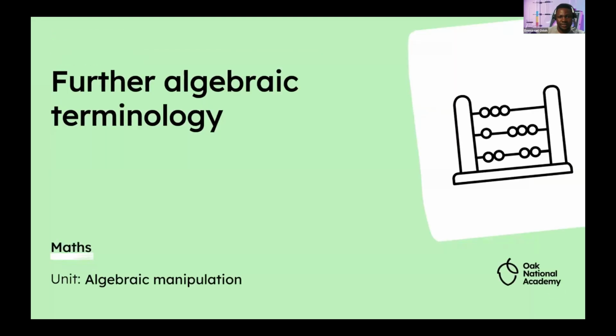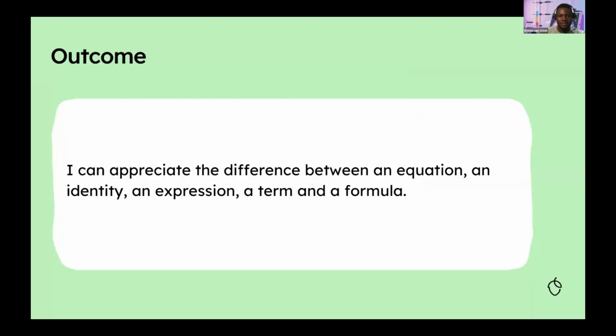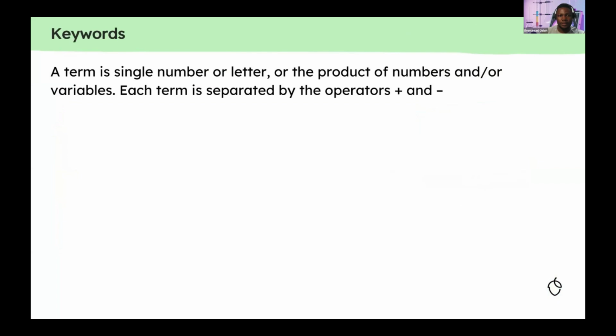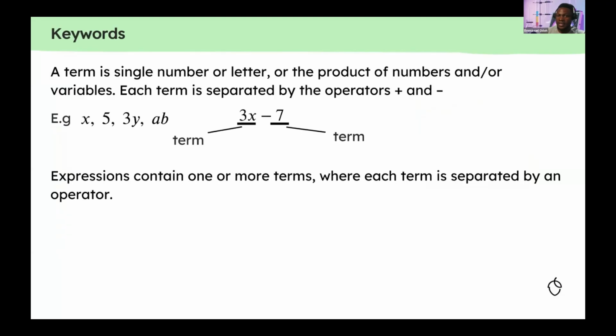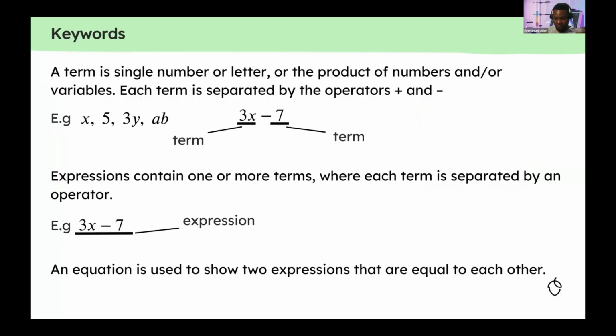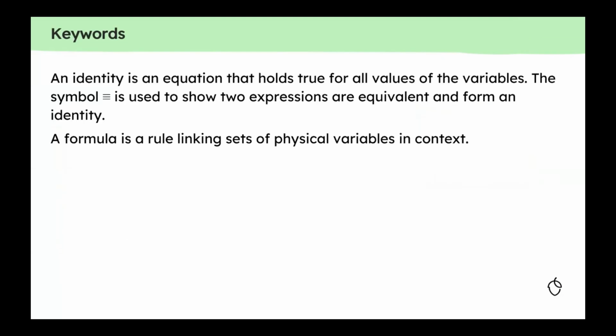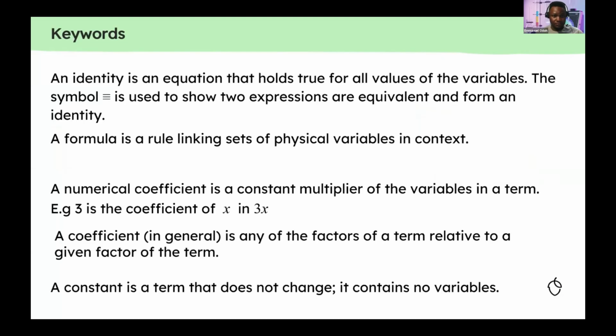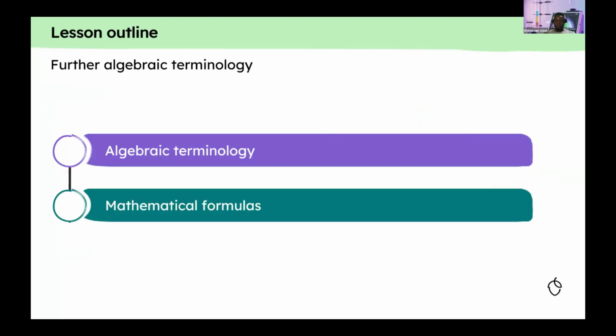It started with the topic, outcome, the keywords. It defines just one keyword, a term, gives examples, expressions, gives an example, equation. So these are the keywords. It continues, and then the outline.